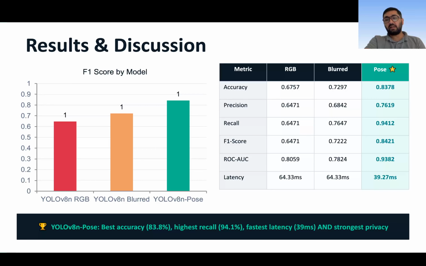And importantly, on latency, the Pose model was actually the fastest at 39.27 milliseconds per frame compared to 64 milliseconds for both RGB variants, so the most accurate model is also the fastest. This directly answers our research question. Accuracy, privacy, and latency are not necessarily in conflict.